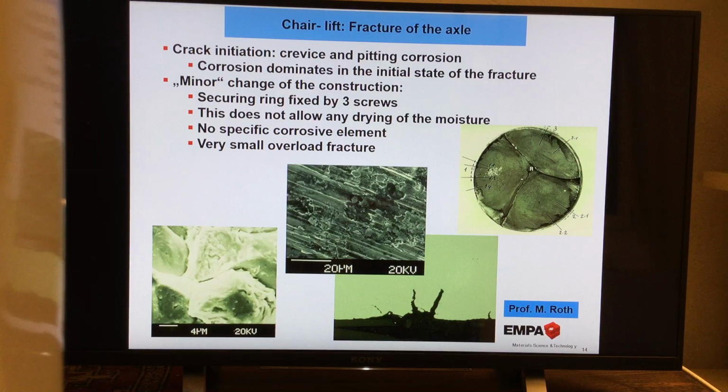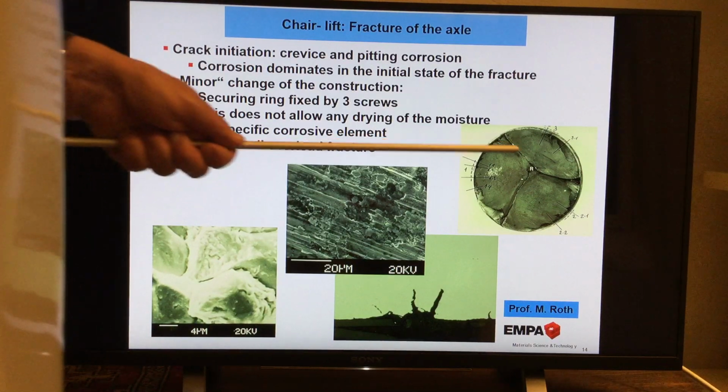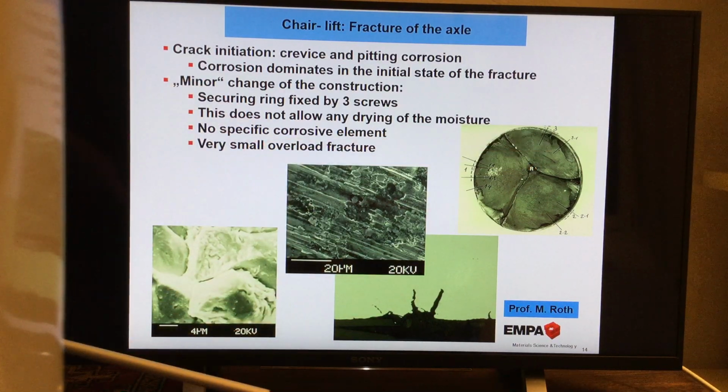And I have to tell you, this is corrosion, no specific corrosive element is needed. We are here high up in the mountain, there is no chlorine around, no sulfur, so it's very, very clear. It's not necessary. And we also keep in mind, again, this mystery that there was a very, very small overload fracture.